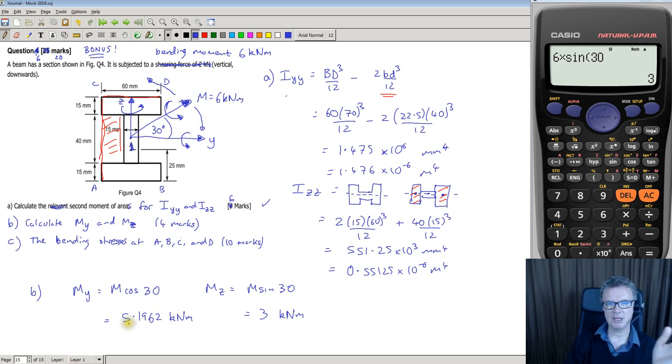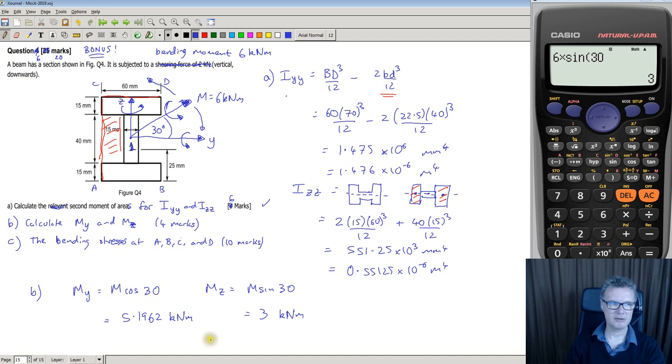So you basically try and shift your moment vector to the closest axis. If it's pointing the same direction, happy days, you just use positive numbers. If it's flipped direction, then you may have to put a minus sign in front of your numbers. So currently these numbers are valid.